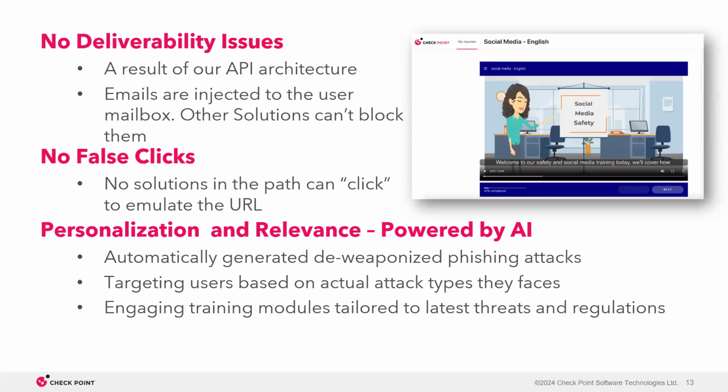The other thing that I think is just spectacular, and this is really one of the major things I'd like to drive home. Because this is Harmony Email, it is seeing the types of attacks that your users, the whole organization, are facing. And in turn, it generates those types of attacks to better train and better target your users, right?